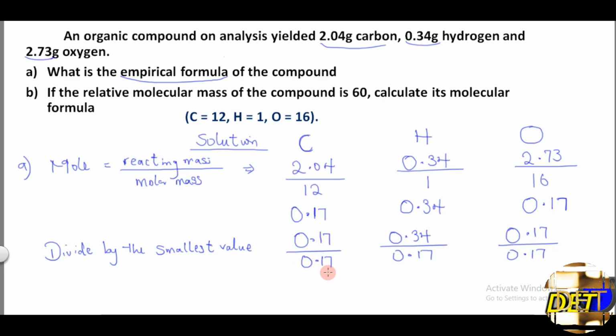So 0.17 divided by 0.17 will give me 1. 0.34 divided by 0.17 will give me 2. 0.17 divided by 0.17 will give us 1.